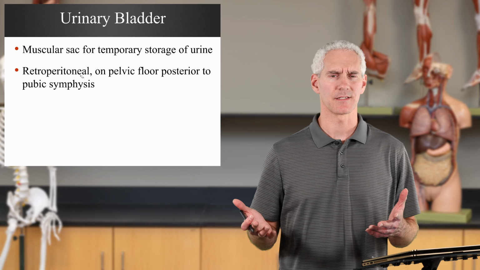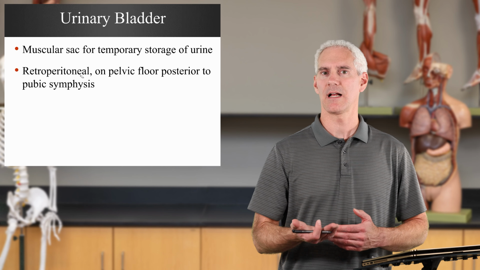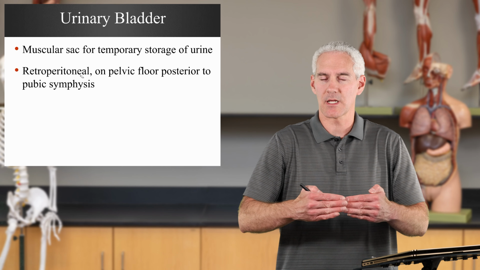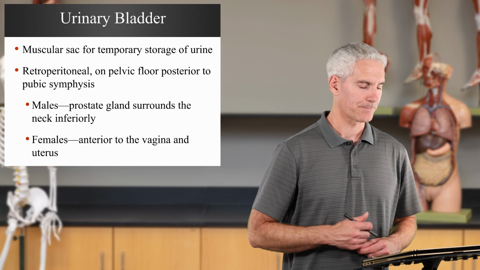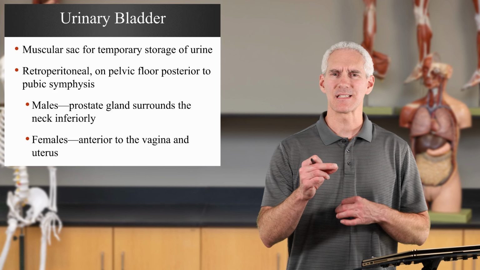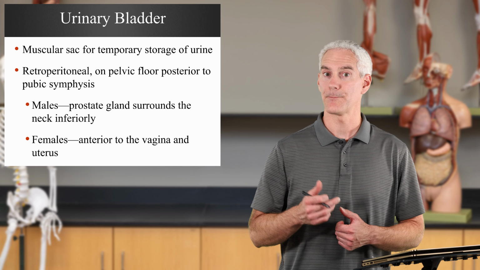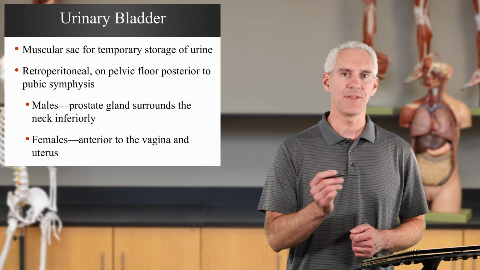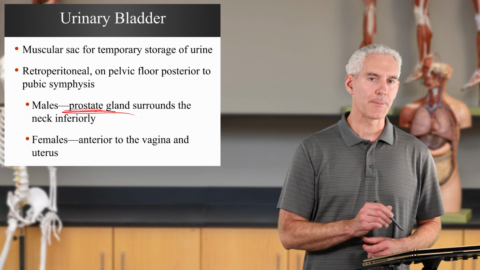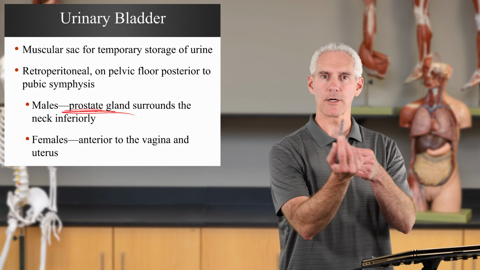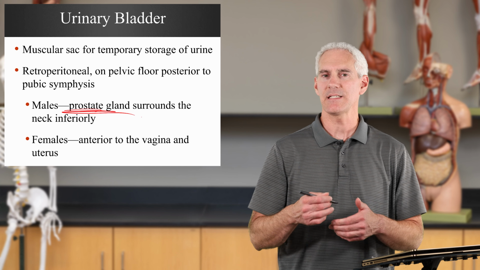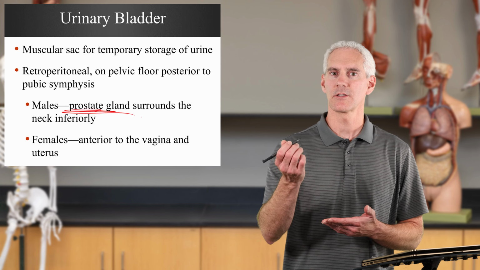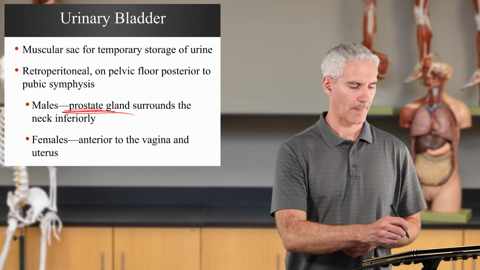The pubic symphysis, go back to AP1, skeletal unit, is where the coxal bones come together in the front. But there is a subtle anatomical difference here, male versus female. In males, the prostate gland is going to ring around the inferior portion of the urinary bladder. It's basically a control mechanism going down to the urethra.